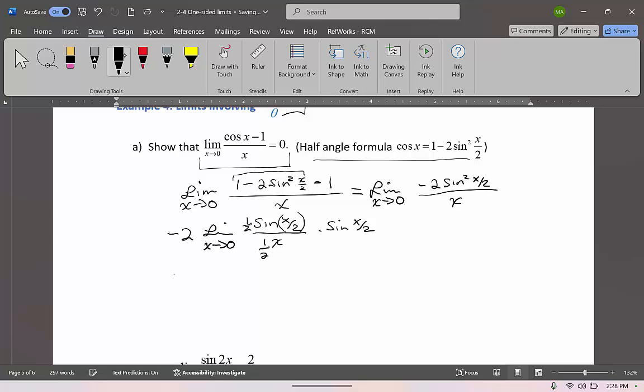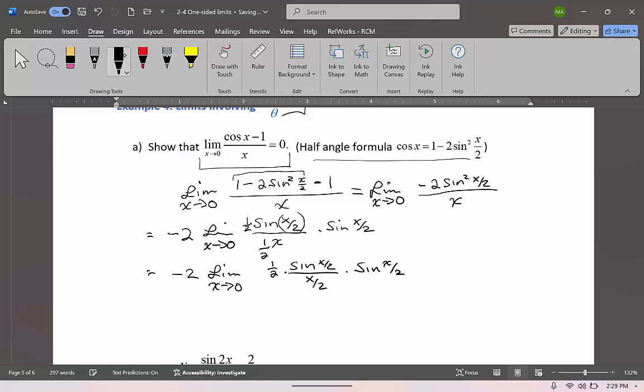So this becomes negative 2 times the limit as x approaches 0 of 1/2 times the sine of x over 2 divided by x over 2 times the sine of x over 2.